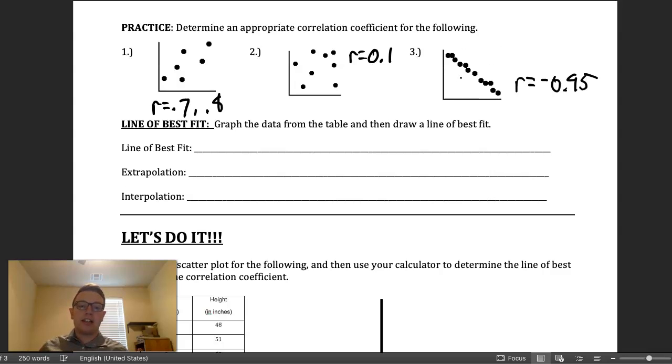And the closer we get to this, the less use we have for our line of best fit. A line of best fit is a way to get a trend line from this. Our definition of a line of best fit is the line that most accurately represents the data.